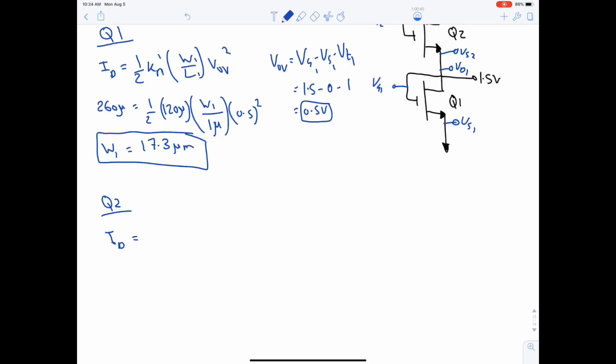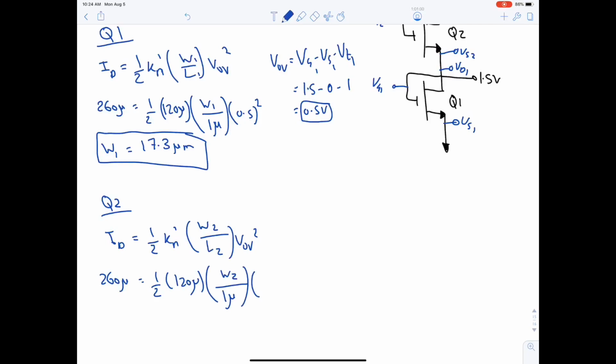Okay, Q2, we'll do the same thing. ID is equal to half Kn prime W2 over L2 VOV squared. 260 micro, half 120 micro, W2 unknown, 1 micro here, and VOV is unknown, let's find it out.